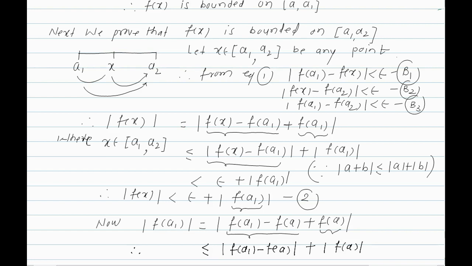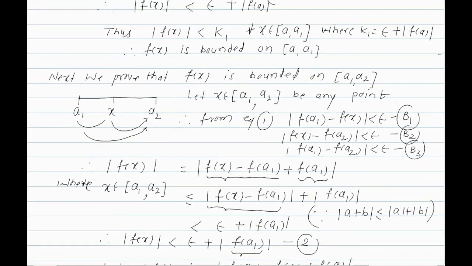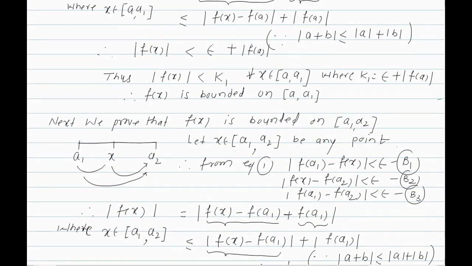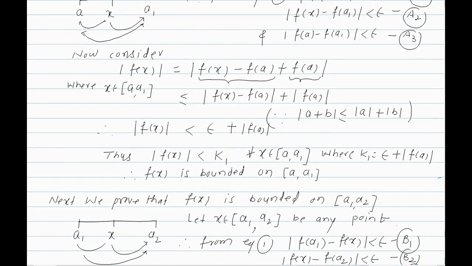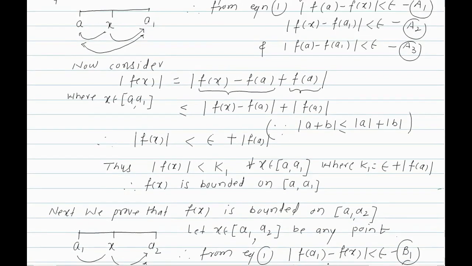Now look at equation number A3. In equation A3, mod of f of a minus f of a1 is less than epsilon.